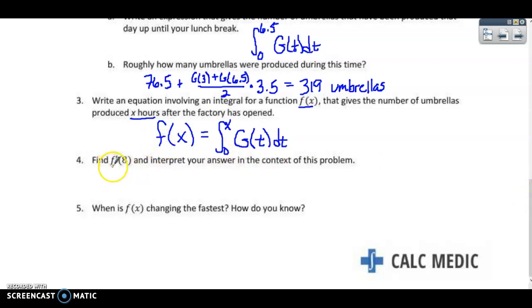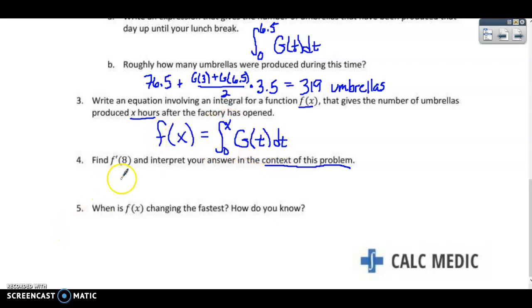Now, find f prime of 8, all right, and interpret your answer in the context of this problem. Well, f prime of 8, when you think about it, if I take the derivative of this here, well, the derivative, I've hinted at that before, undoes integration. So really I'm just left with g of t.